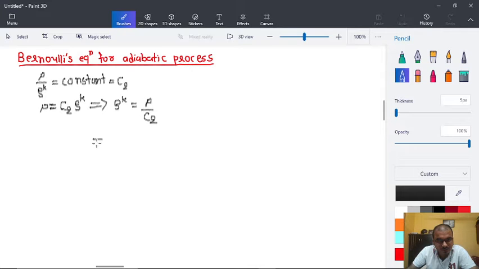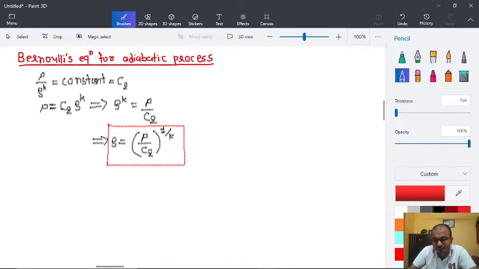So we can write rho is equal to P over C2, raised to 1 over k. That we need to remember. Now we will do the integration dp by rho.